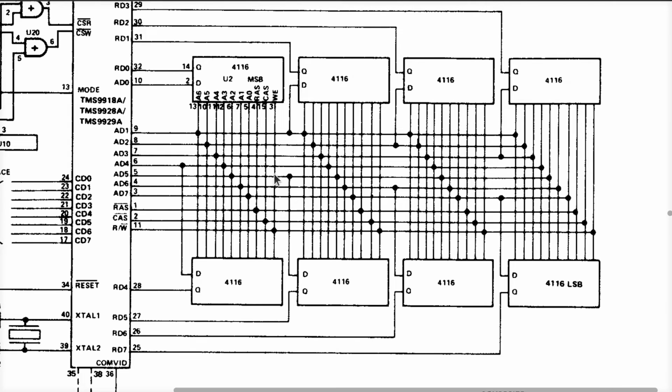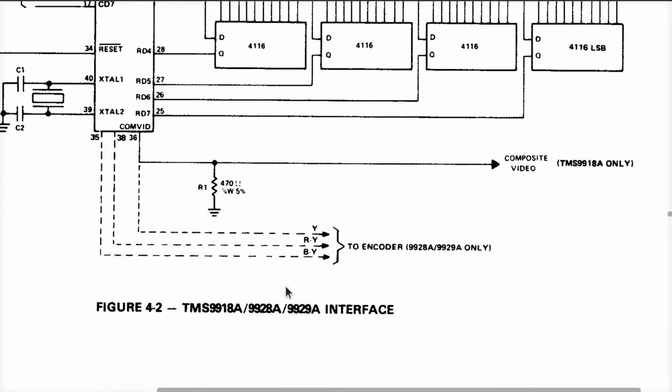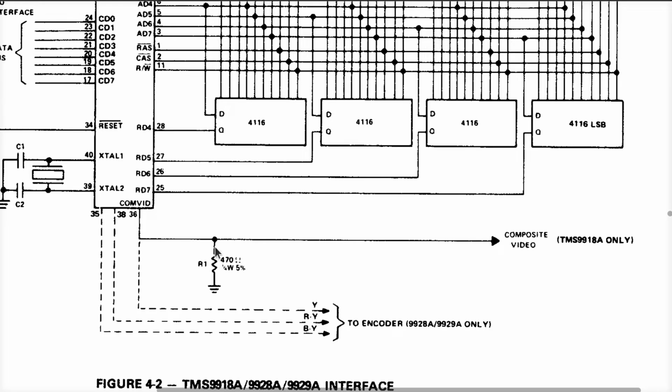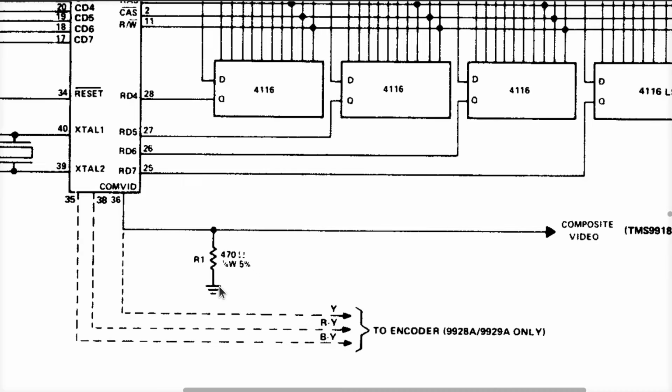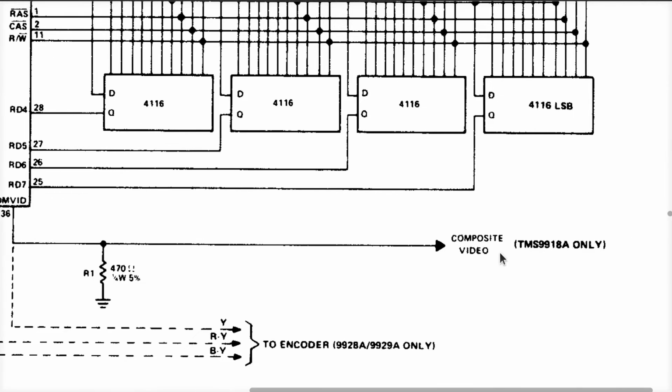We'd have to have 8 memory chips versus 2. The doc says the only real difference is this. Everything else is the same, okay? Now, according to this, you're supposed to pull this down with a 470 ohm resistor. And then you've got composite video coming out over here.